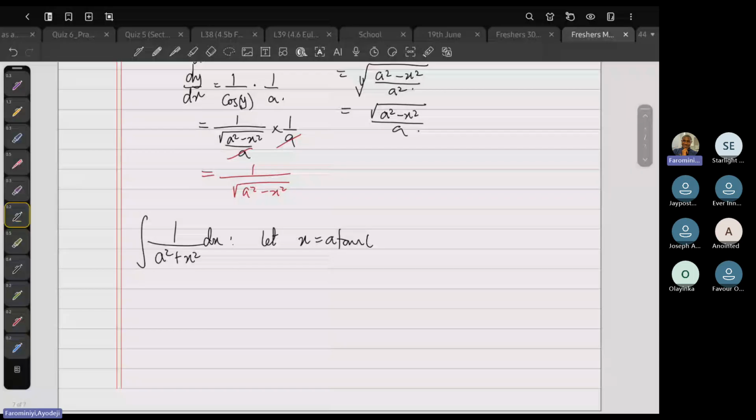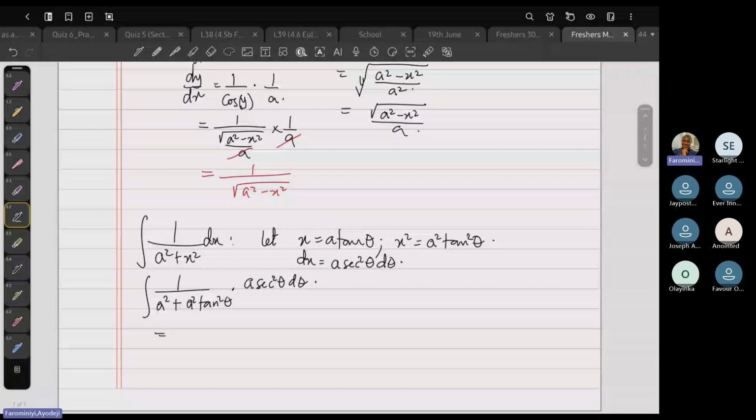I'm just repeating almost the same process as before. Then x squared will be equal to a squared tan squared theta, and dx will be equal to a sec squared theta d theta. Then we can rewrite this as 1 over a squared plus a squared tan squared theta times a sec squared theta d theta.